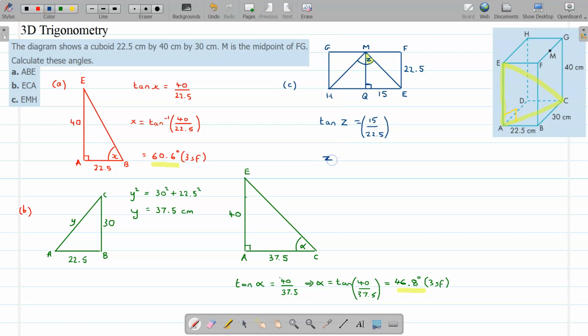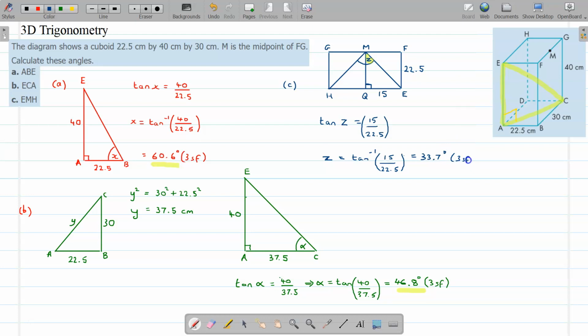So angle Z is equal to tan to the minus 1 of that fraction 15 over 22.5. Now if I put that into the calculator, I get 33.7 degrees to 3 significant figures.